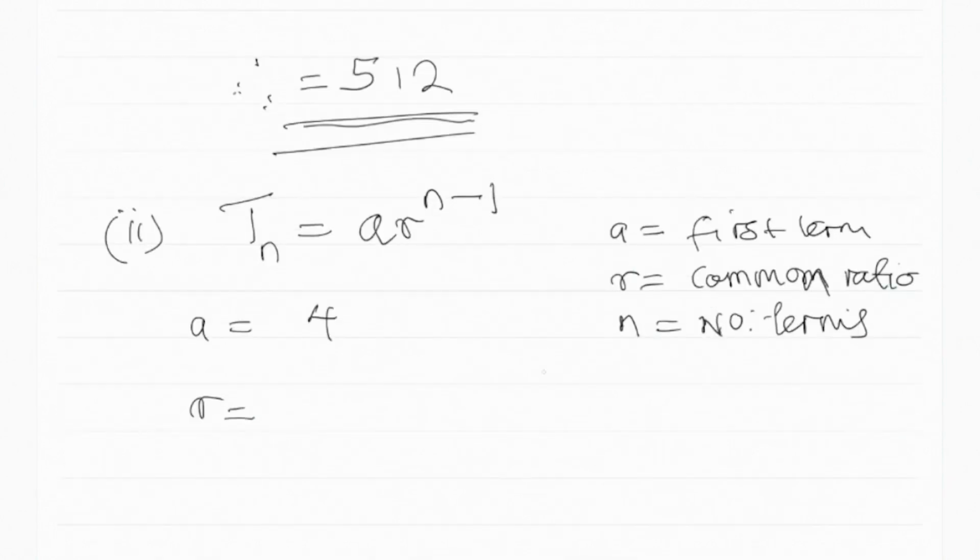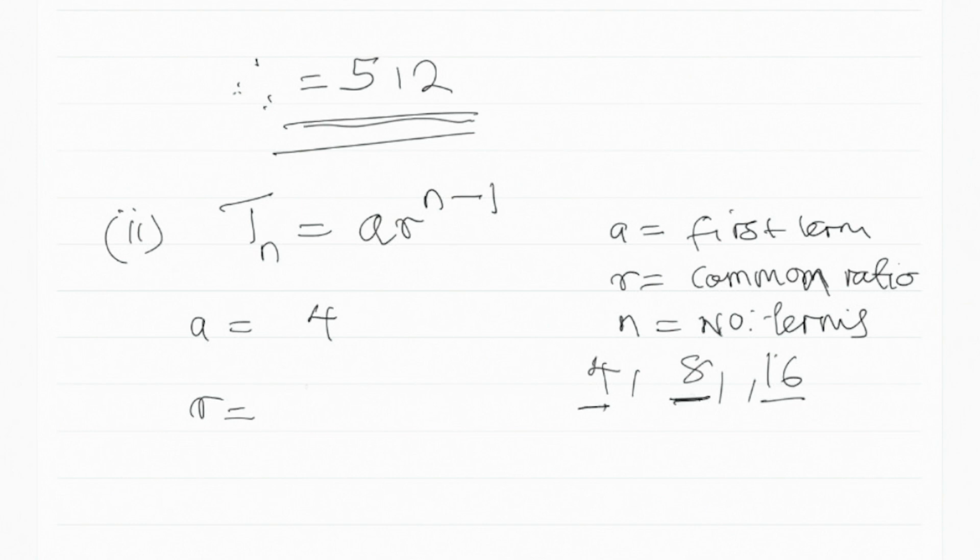Let me take you back a little bit. The first term is 4, the second term is 8, and the third term is 16. So to find the common ratio, we say the second term divided by the first term, or the third term divided by the second term. Whichever way you do it, you still find the same answer.